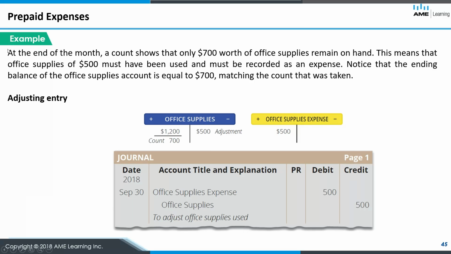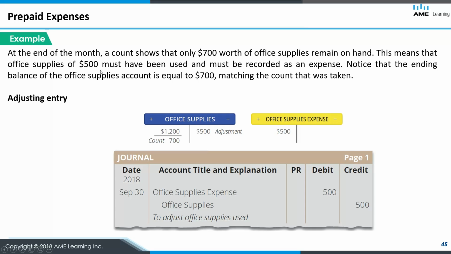But instead, what we'll do is go out at the end of the month and just count how many reams of paper we have left, essentially. And if we count those up and we see that there's only $700 left, that means that the residual portion that's not there, we originally paid $1,200, now there's only $700, so $500 must have been used.